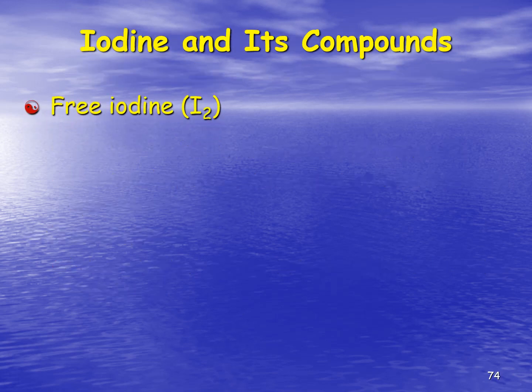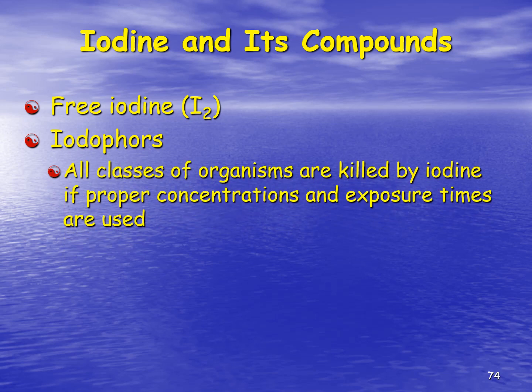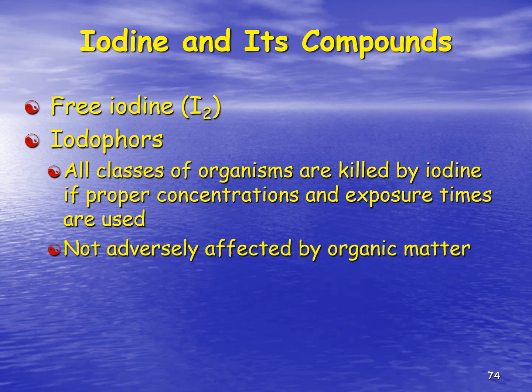Iodine has been around for a long time, and free iodine, I2, is one of the things that we use. We can also use iodophores of iodine, and all classes of iodine iodophores will kill if proper concentrations and exposure times are used. Typically, these iodine iodophores are not adversely affected by the presence of organic matter.